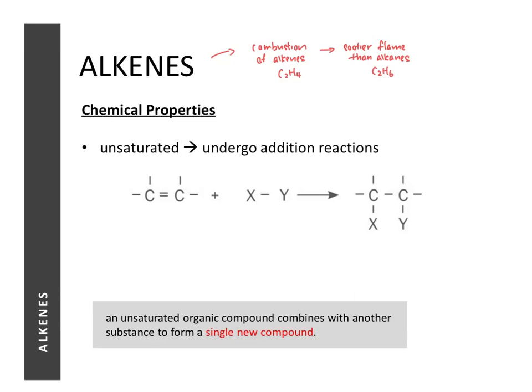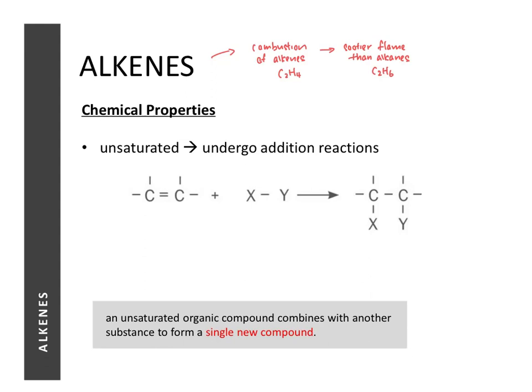So what happens when you have a higher percentage of carbon is that it's harder for it to burn completely, which means there is a greater extent of incomplete combustion, leading to the production of carbon monoxide and also carbon in the form of soot. So when you are burning alkenes and alkanes, one way to distinguish them is that if you see a very sooty flame, it means that it contains carbon-carbon double bonds, or many carbon-carbon double bonds.